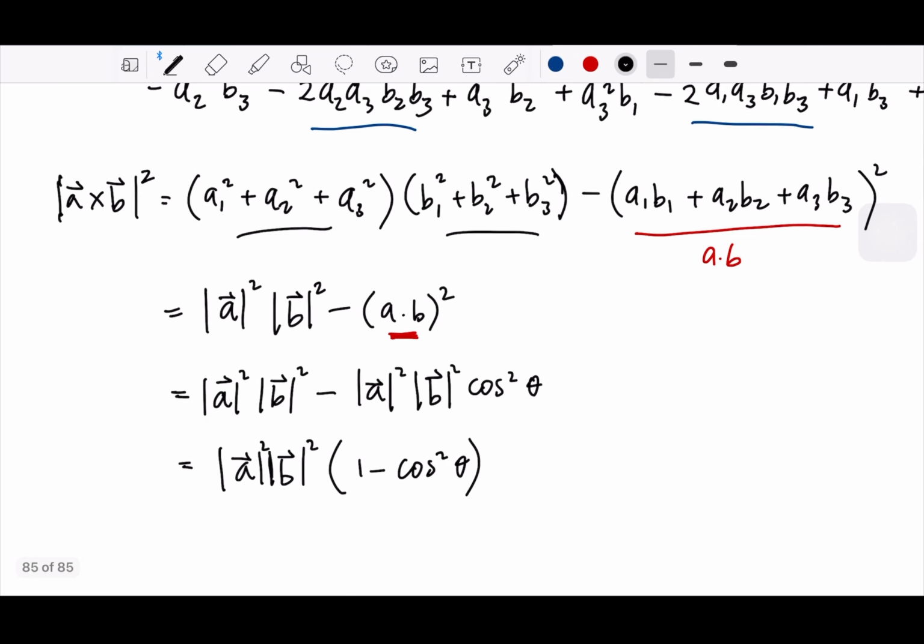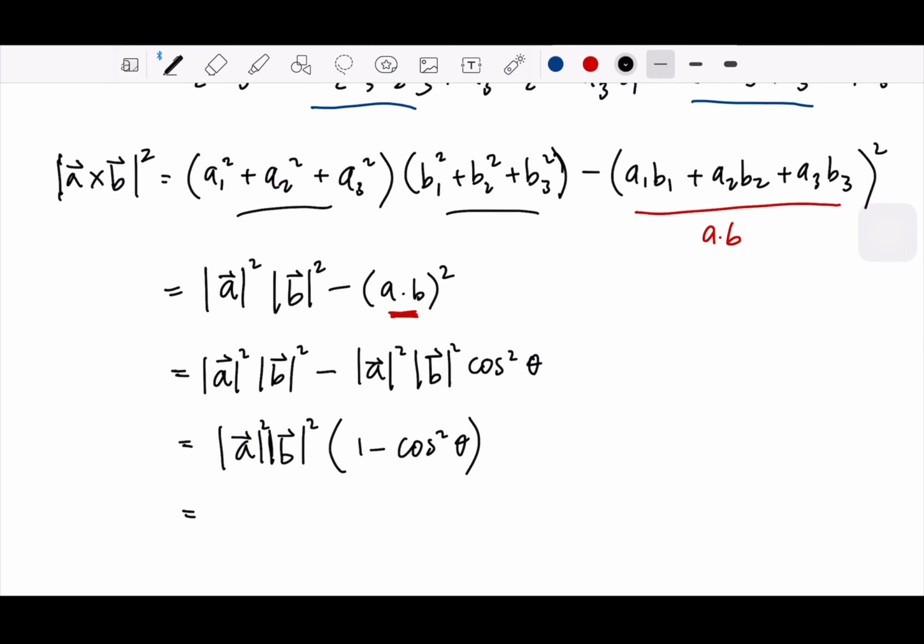Now this is where sine appears. So the sine actually comes from 1 minus cosine squared. So this will be A squared B squared sine squared theta.